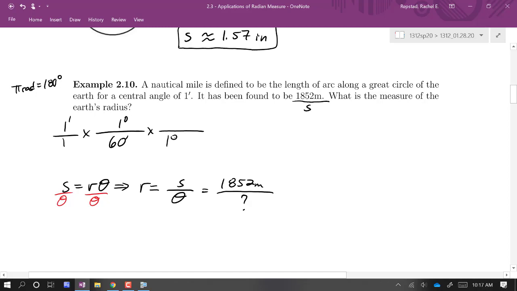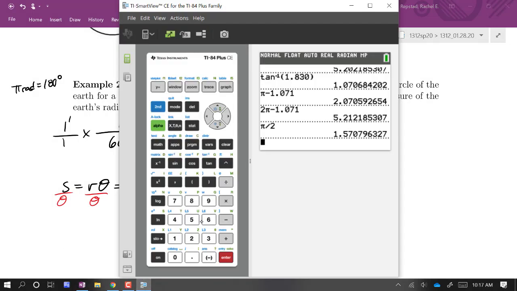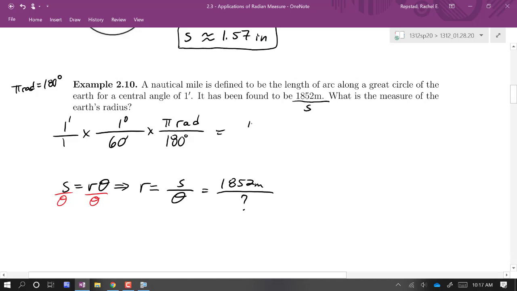So the 180 goes on the bottom because I need to cancel out the degrees, and then there's pi radians on top. I'm going to leave this in terms of pi. 60 times 180 is 10,800. So pi over 10,800 radians. That's our theta, and that's going to go down here. I'm dividing by a fraction, so we'll just rewrite it so we can multiply.